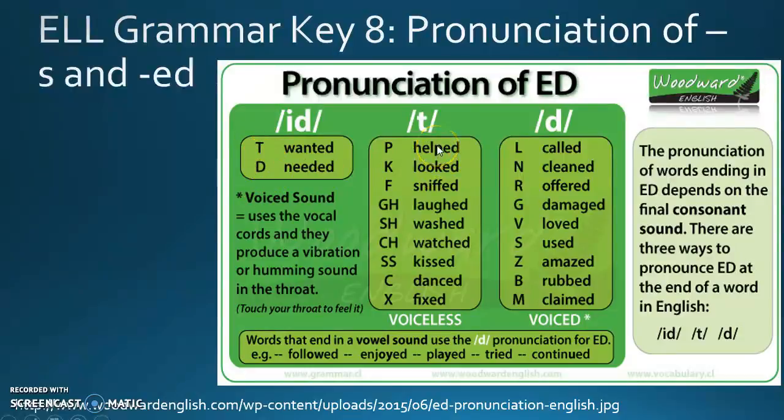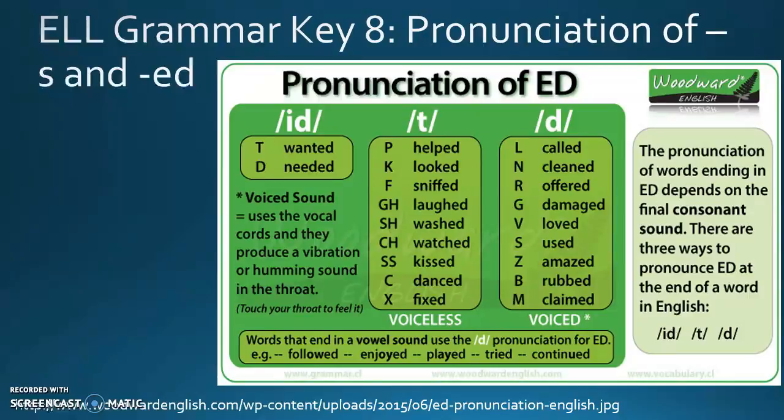For the voiceless sounds, we're going to pronounce it like t, and there's an aspiration that will help you really see that you're pronouncing a T. So t, t. So we have helped, looked, sniffed, laughed, washed, watched, kissed, danced, fixed.